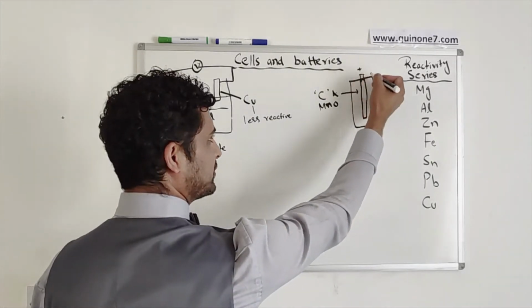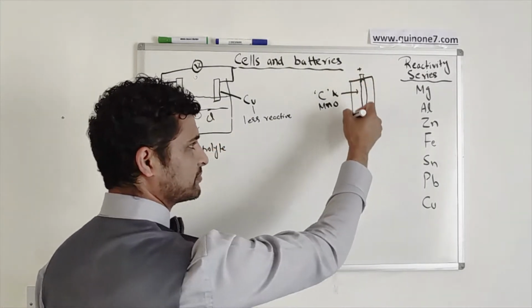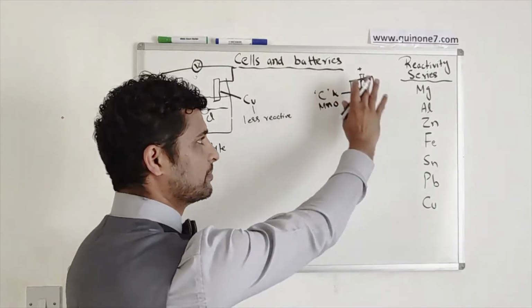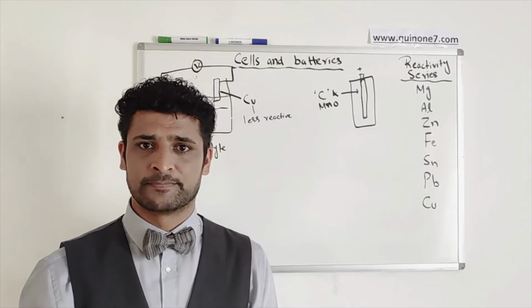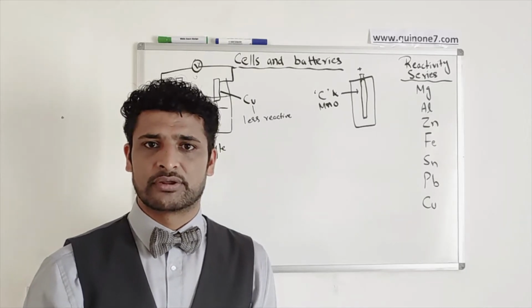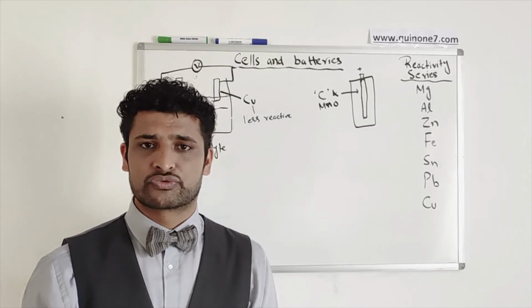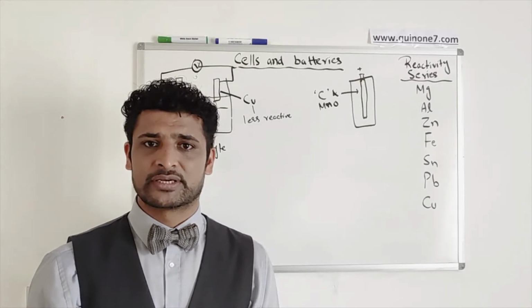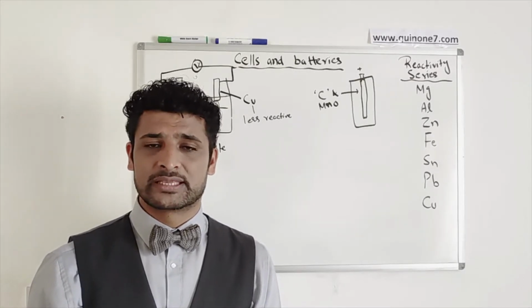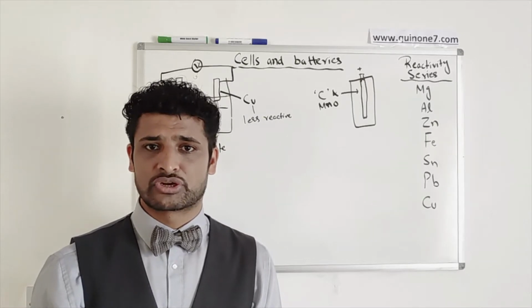That will be positive, and obviously it has some seal as well. So this is just a normal cell you use in clocks or in other toys. After some time it's going to run out. That means if you try to recharge it, it's not going to recharge because the reactants have been used up, or in chemistry we can say the reaction has stopped.